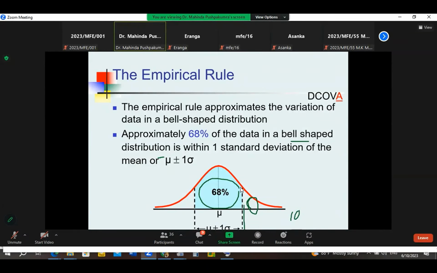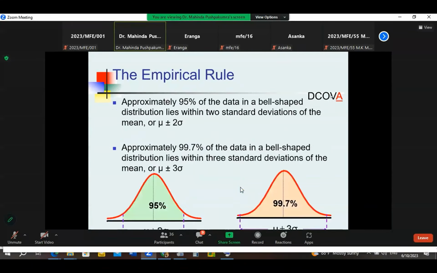Then within 1 standard deviation means 40 to 60. If the distribution is bell-shaped, 68% of observations should be between 40 and 60. This we call the empirical rule. We will discuss it further when we discuss continuous distributions. Within 2 standard deviations from the mean, there should be 95% of observations, and within 3 standard deviations from the mean, 99.7% of observations.